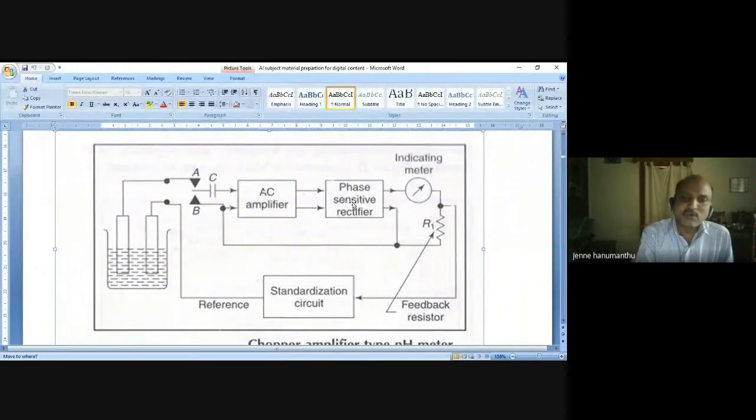So once we have the voltage, that should be rectified into a suitable range. Once we have that voltage, it is applied to the indicating meter. This meter takes two inputs, one input from the measuring one, the other input from the reference one.